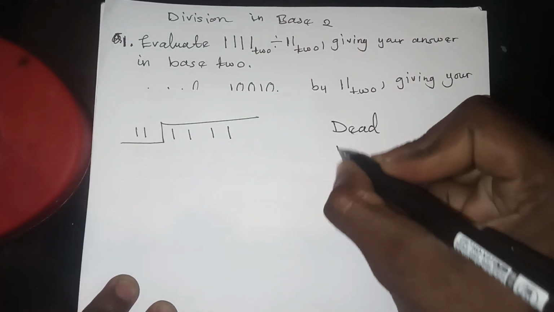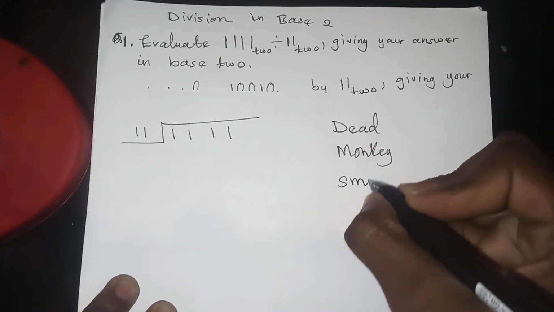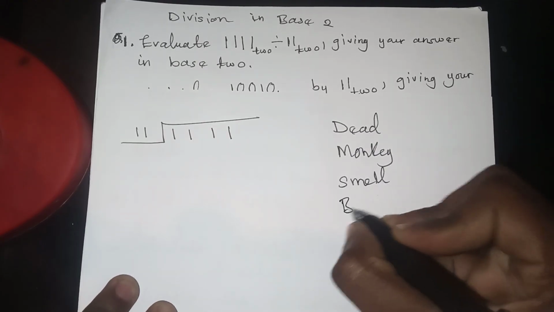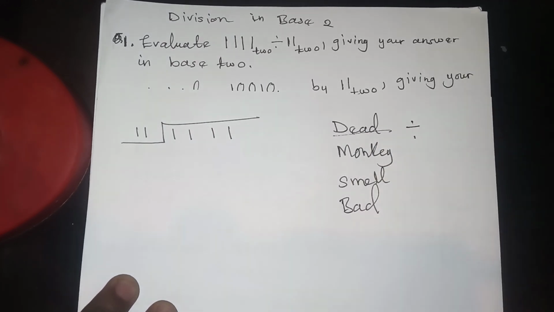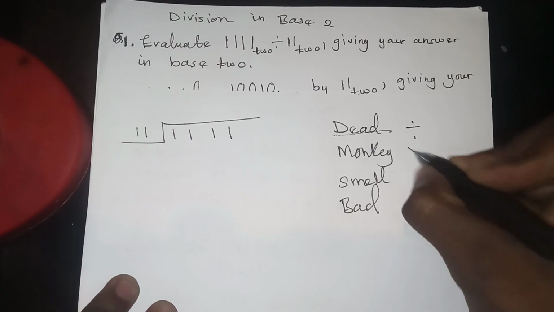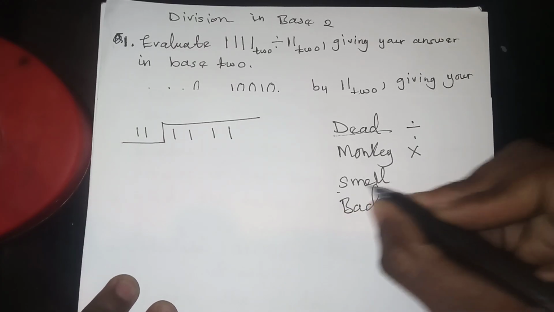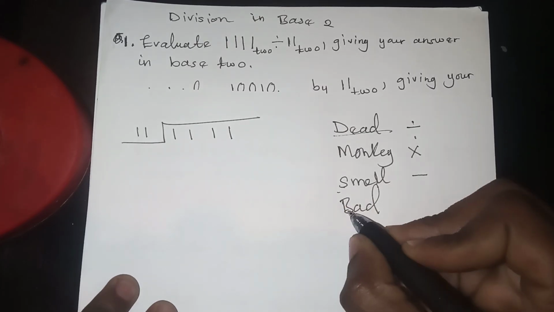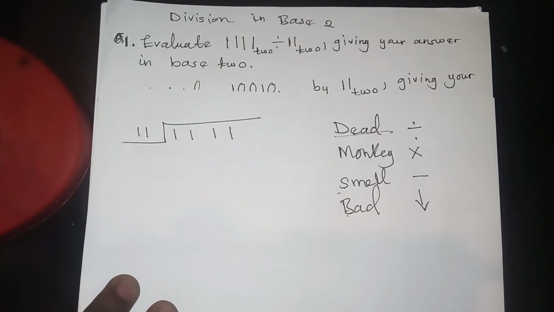Dead monkeys smell bad. So this is division. After you divide, you have multiplication, and then after multiplication, you have subtraction, and then after subtraction, you can bring some number down, the next digit down.